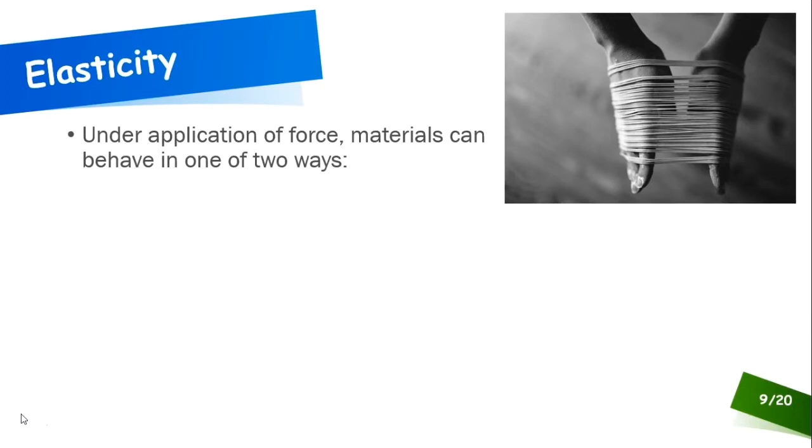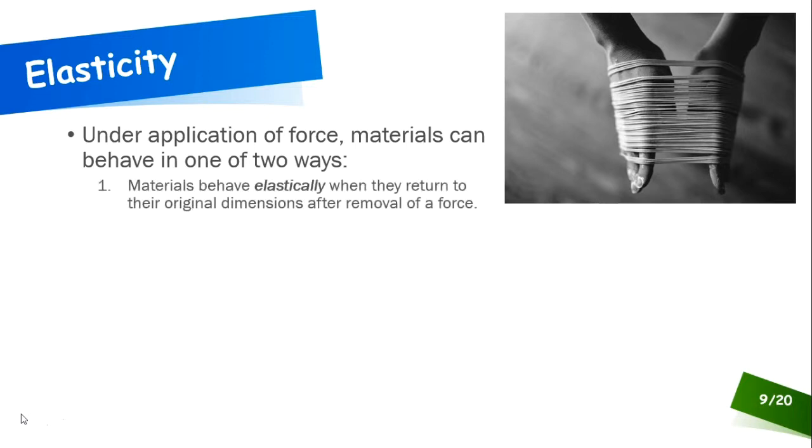This brings us to the concept of elasticity. Because when we apply a force to a material, the material can behave in one of two ways. It can behave elastically, and what this means is you apply the force to the material, and then when you take the force off, the material returns to its original dimensions. So think of it like a rubber band.